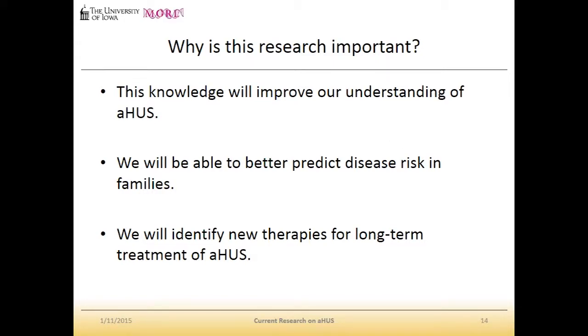With this knowledge, we would better understand this disease, and we will try to use it to better predict the disease risk in families, especially for people who carry the same mutation but do not have the disease yet. We also want to identify new therapies for long-term treatment of this disease.